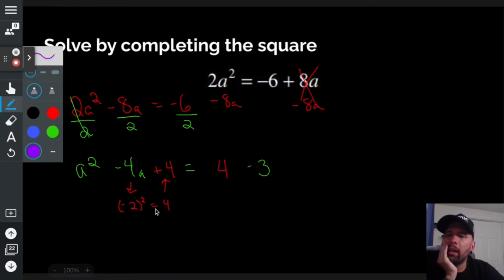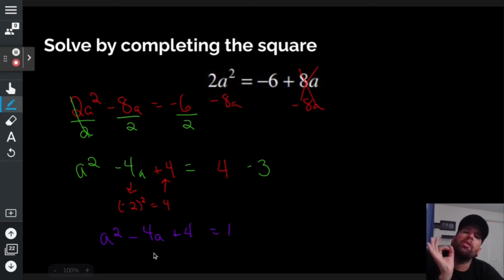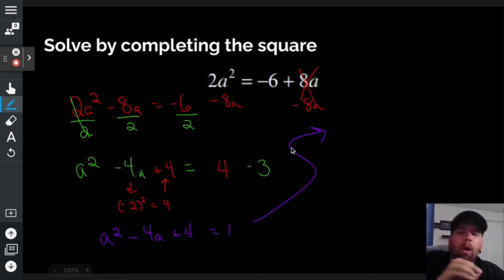And so that leaves me with a squared minus 4a plus 4 equals 1. Every single time that you do this, this will happen. You will get a perfect square on the left. So I can factor this, using sometimes, but when I do, it will always be a perfect square.